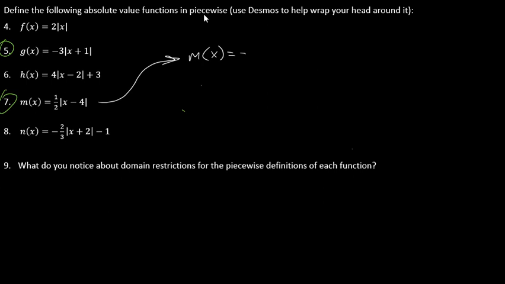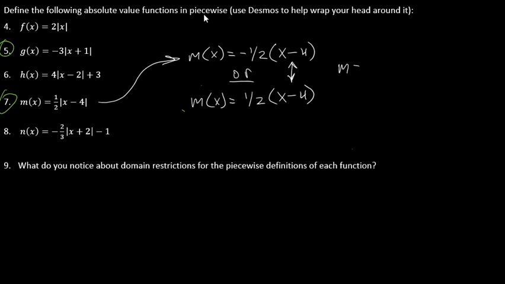So that means it's going to be negative 1/2 times x minus 4, or m of x can equal positive 1/2 times x minus 4. Okay? And again, what value of x is going to make this be 0? Well, your answer there is obviously 4. So that's going to be important when we do the actual piecewise.